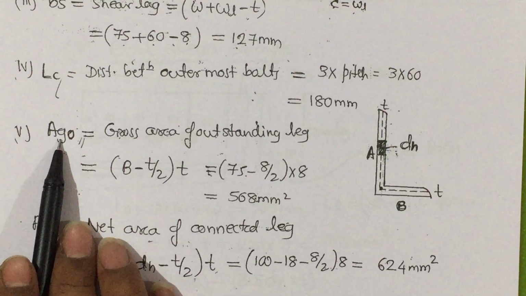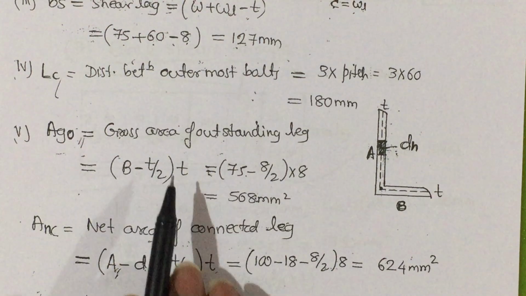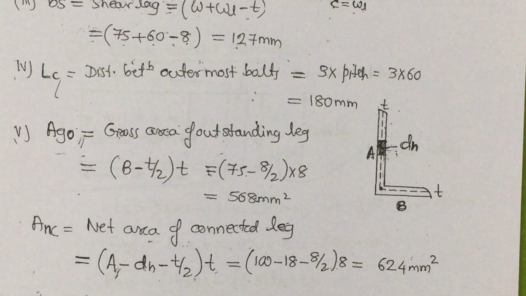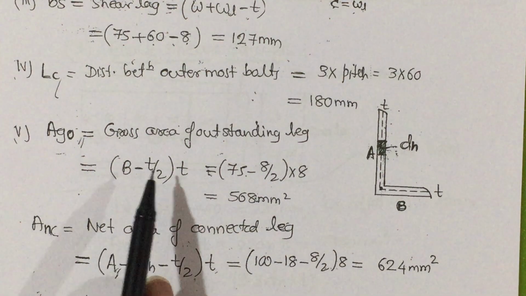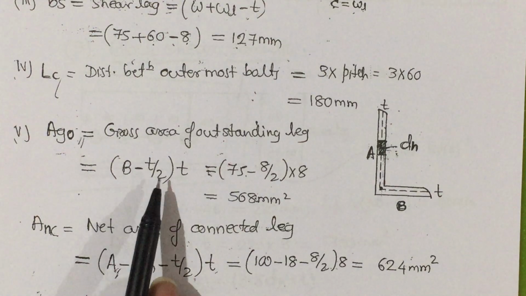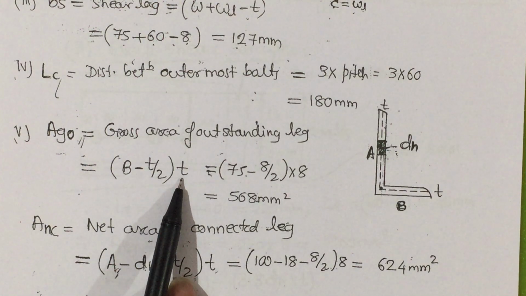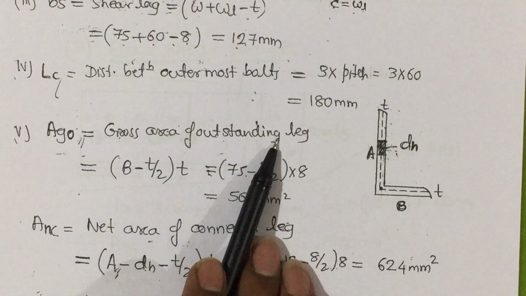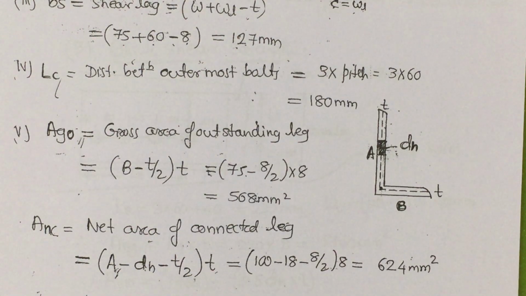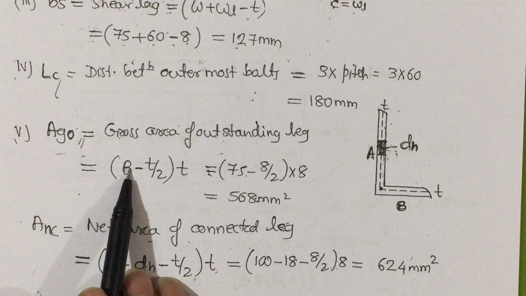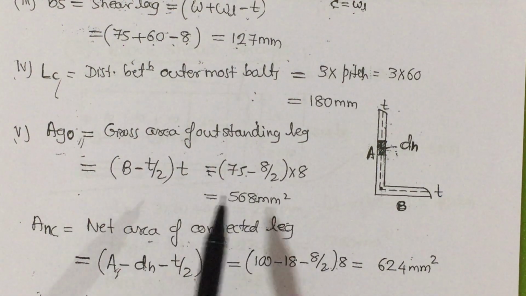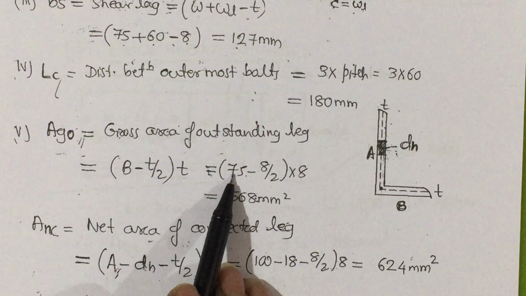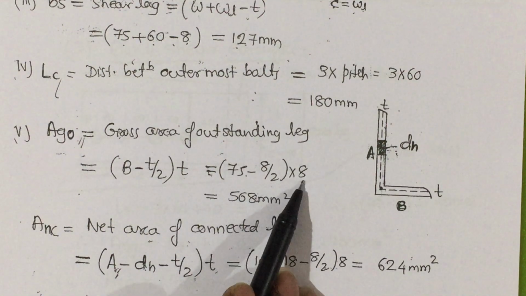Then Ag naught is given by the gross area of the outstanding leg, that is given by B minus T by 2 into T, that is equal to 75 minus 8 by 2 into 8.